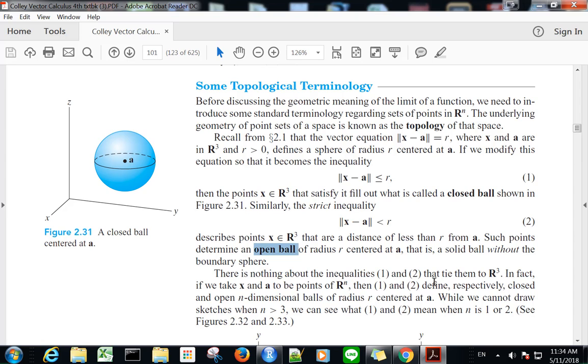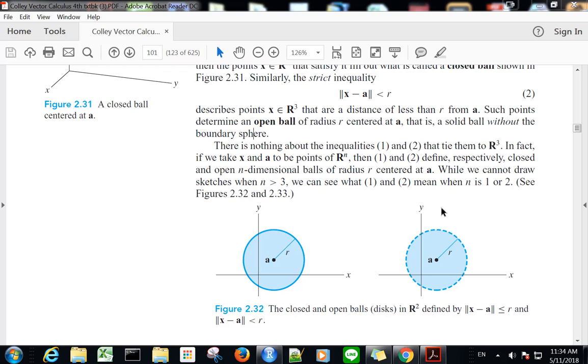While we cannot draw sketches when n is greater than 3, we see what 1 and 2 mean when n is 1 or 2. So when n is 1, you just have an interval, like a closed or open interval. They don't show that here, so I don't know why she says we can see that. But for n equals 2, this is what it looks like.